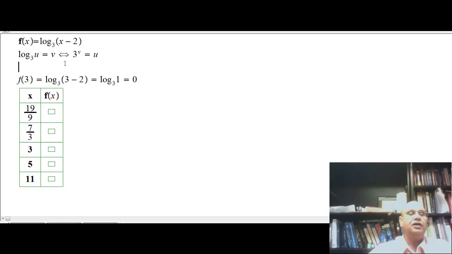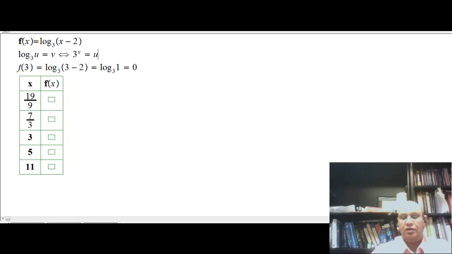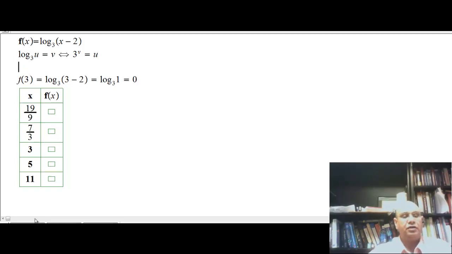So let's look at this rule. If 3 to the v is u, then log of u with base 3 is v.